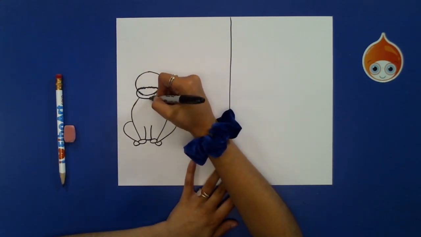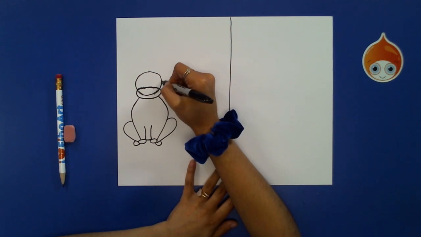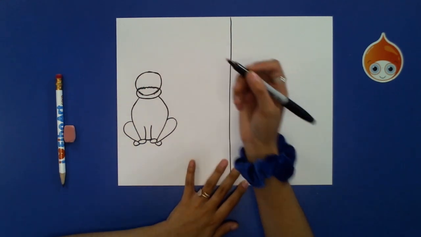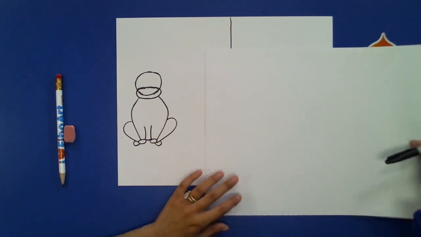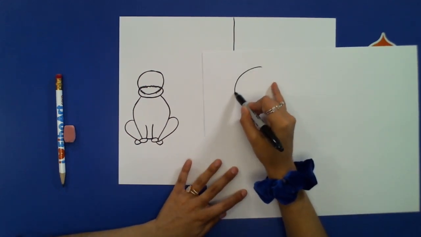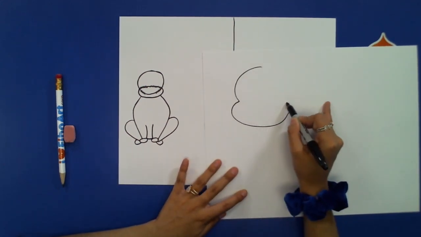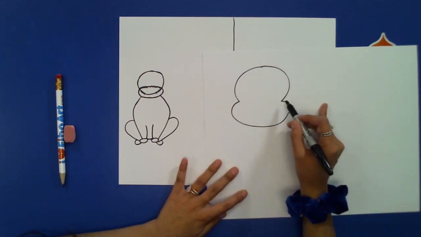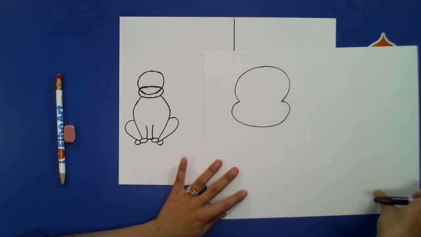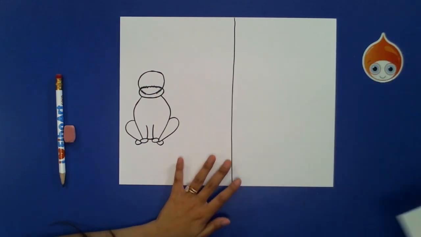We only want to keep the sides and the bottom, side, and top of the head. So your dog's head should look like this. The circle for the top and the oval for the bottom, but nothing inside.